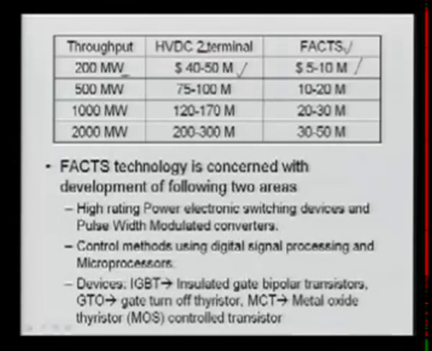Now FACTS technology is concerned with the development of the following two areas. Why is FACTS technology becoming more and more popular? The reason is that high-rating power electronic switching devices and pulse width modulated converters now exist. Earlier there were line commutated converters, the thyristors, and they were creating a lot of problems. But now we can use pulse width modulation for the converter circuits, and then we can even maintain unity power factor.